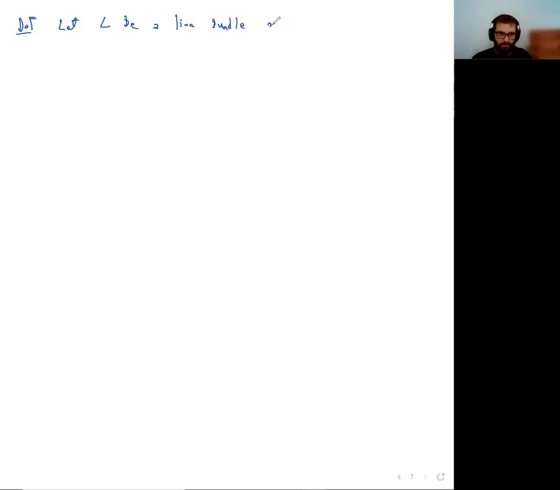So we take a line bundle on M, and we take L, cursive L. We take this sheaf of holomorphic sections.